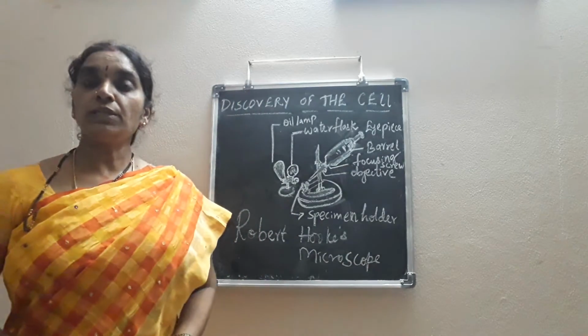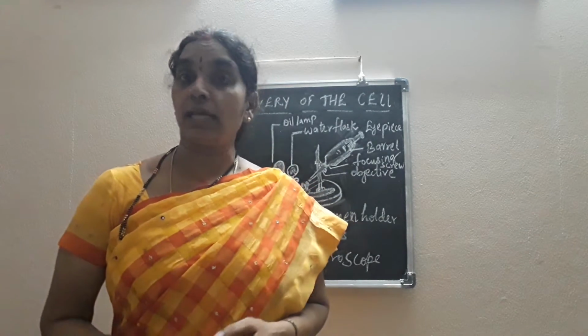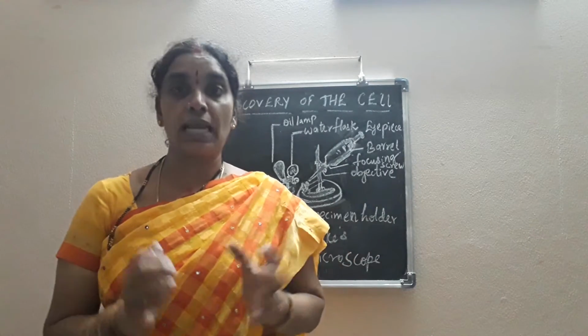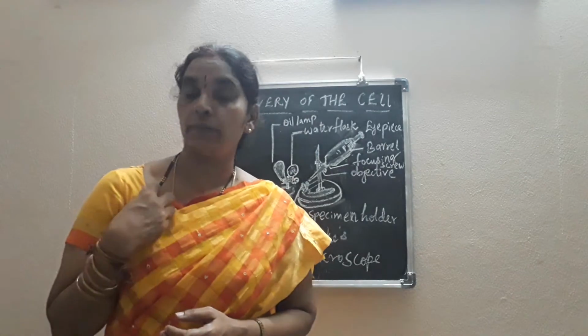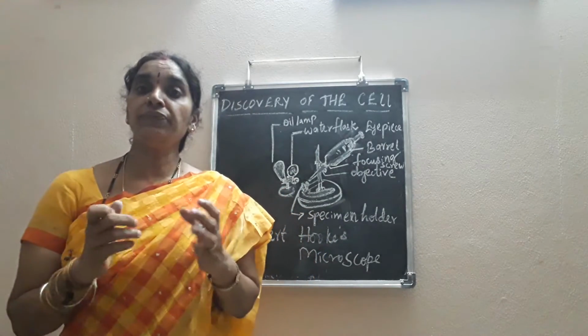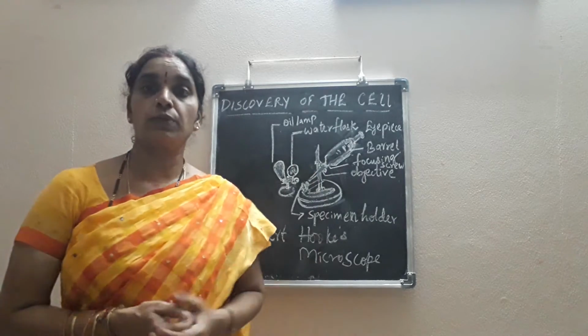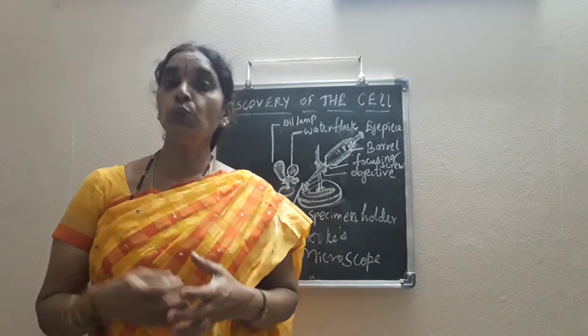Next, coming to the parts of plant and animal cells. There are two different classifications of living organisms, plants and animals. If you observe the cells of each under the microscope, you can differentiate between them.